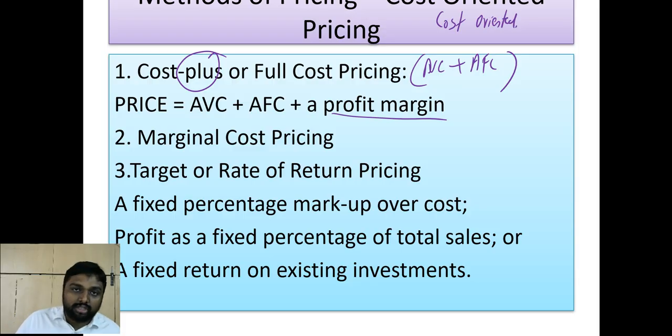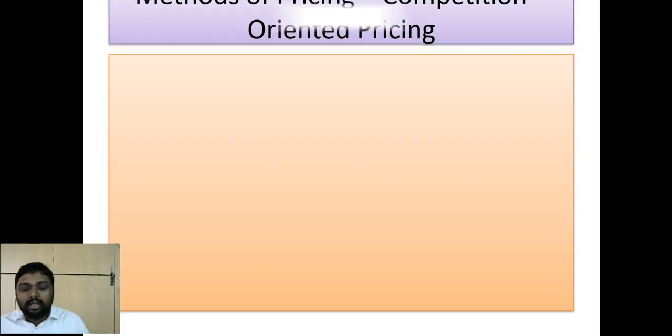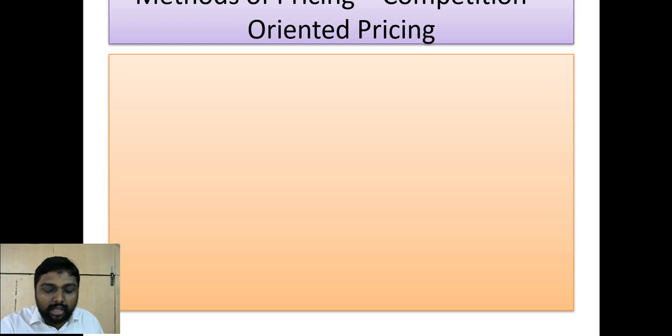Okay, so this is on the basis of cost. First we have started with cost. On the basis of cost, we have mainly three: full cost plus pricing, marginal cost pricing, and target rate of return pricing. Next, methods of pricing on the basis of competition.